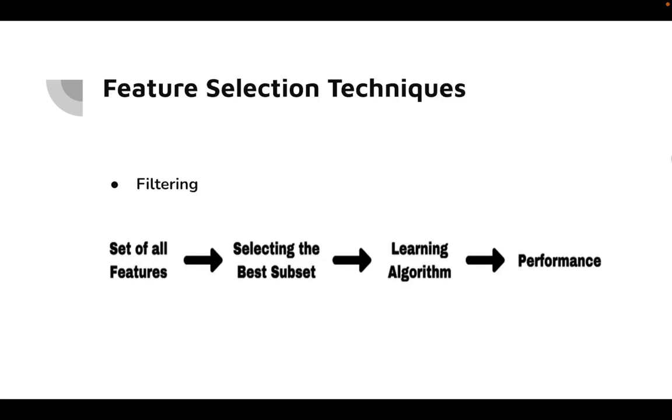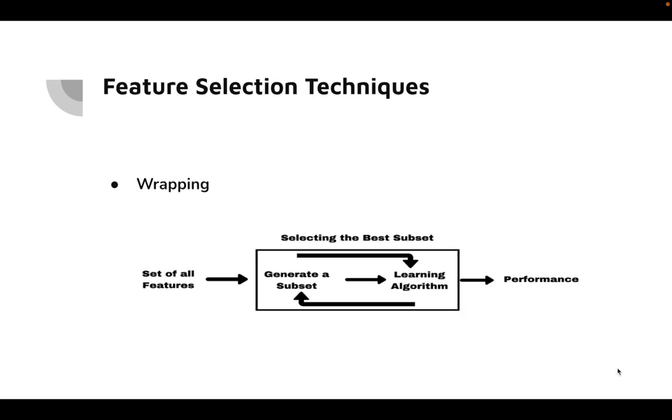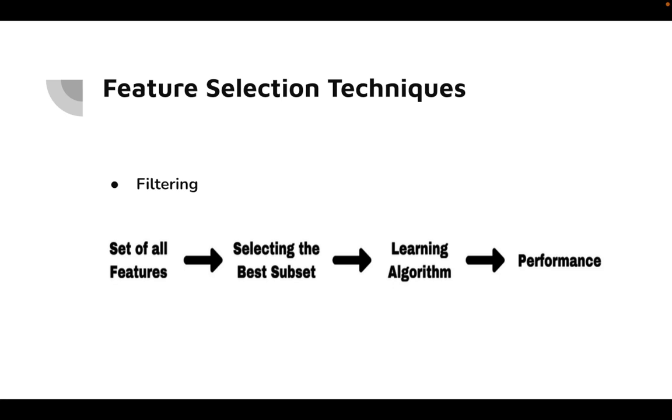First, let's see what filtering is. Filtering methods are generally used as a pre-processing step. The selection of features is independent of any machine learning algorithms. Instead, features are selected on the basis of their scores in various statistical tests for their correlation with the outcome variable.